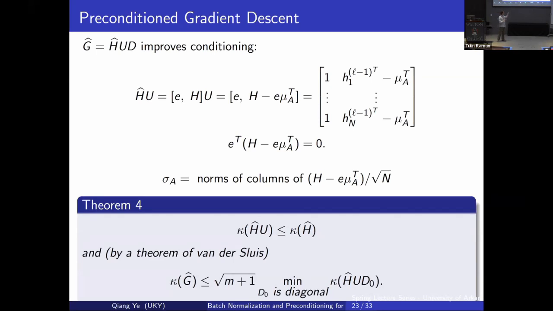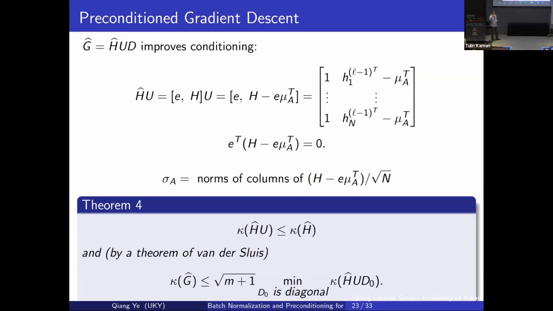In terms of statistics, if the standard deviations for different components of the hidden variables have very different scale, then the Hessian, the H hat matrix, would be very ill conditioned. So what we do is normalize, making all of them have the same norm, and that should improve the conditioning. In fact, there's a classical result by van der Sluis.